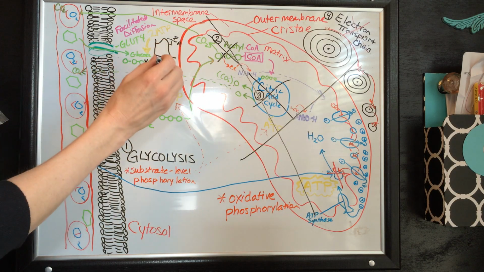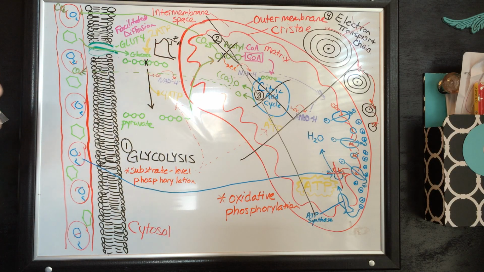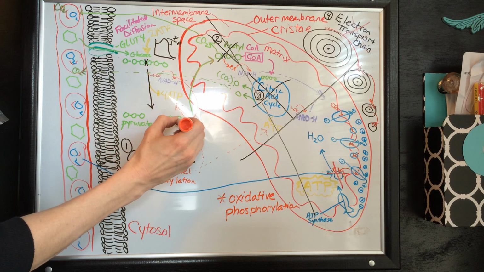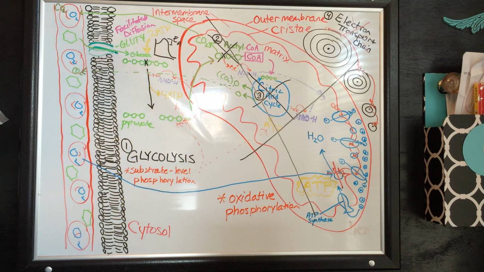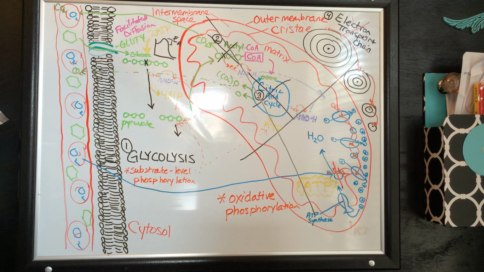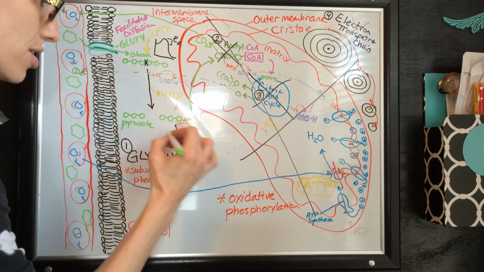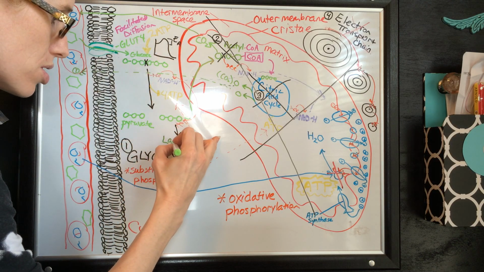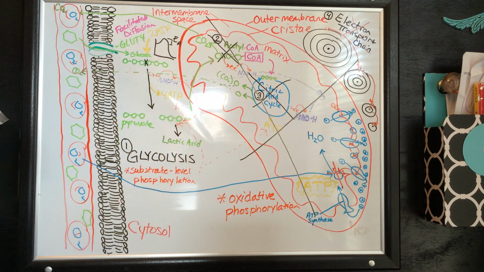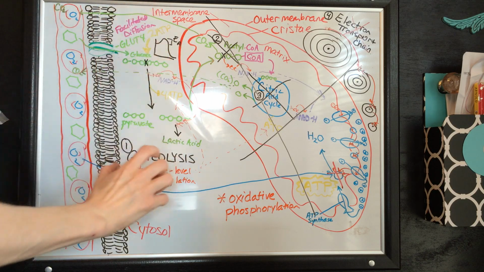So instead, it takes its electrons, and I should draw this in orange, it takes its electrons and it puts them right back on to the pyruvate molecule. And that changes the pyruvate molecule into something else. It changes it into, you've probably heard of this before, lactic acid. Okay, and that's what begins to build up in your body if this process is happening.